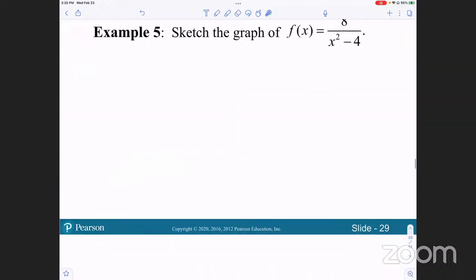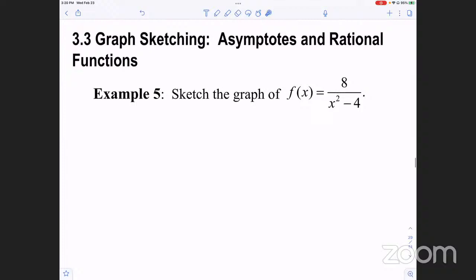Okay. So here, we're asked to sketch the graph of this. Let me start by, instead of starting here, going ahead and getting a copy. f of x equals, now on the bottom we have x squared minus 4 under 8.